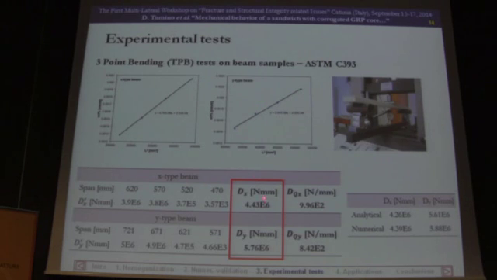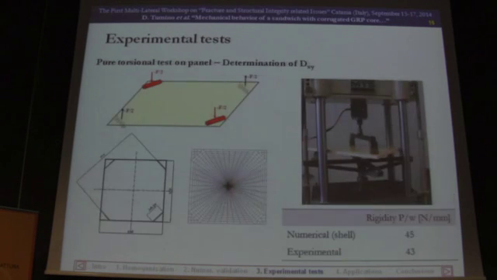And the variable span strategy, as you see here, was necessary because the apparent stiffness varies with the span length, so it was very important to follow this strategy.